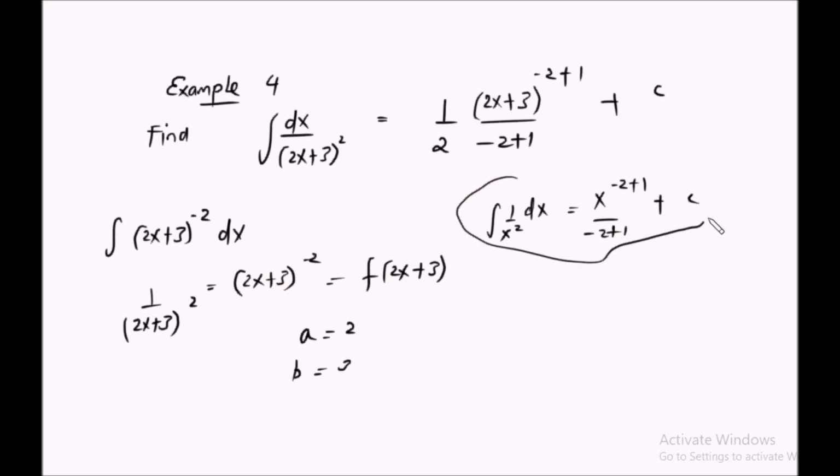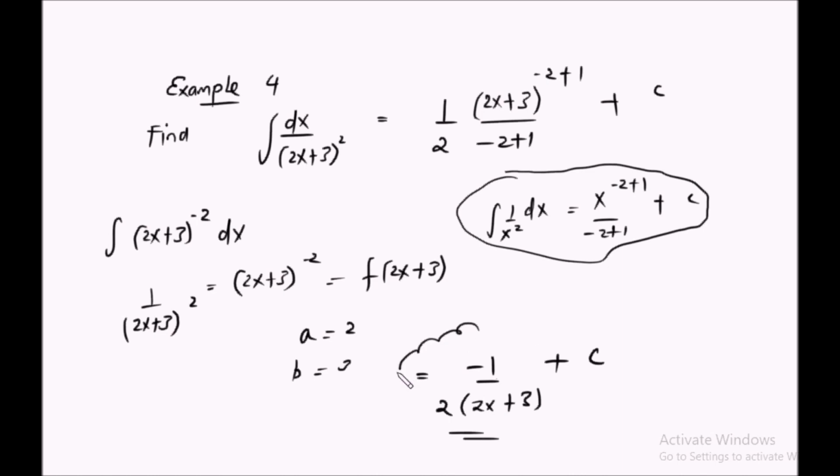So you can see my final answer will be negative 1 over 2(2x+3) plus c. Hii ndo final answer yangu. So you see how easy I have obtained it.